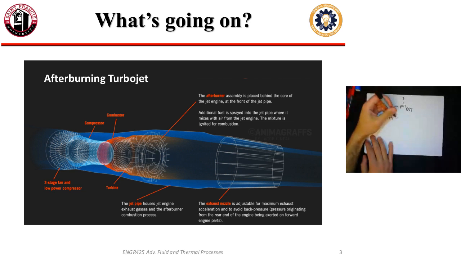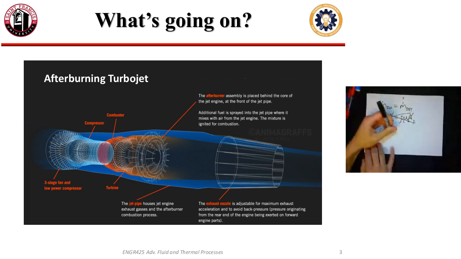So prior to now, when we've said mass flow rate, we've always been able to say areas are the same, right? That's why it was rho u. Now we can't say that areas are the same.